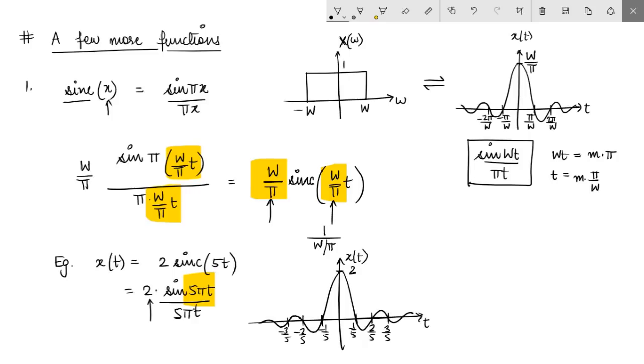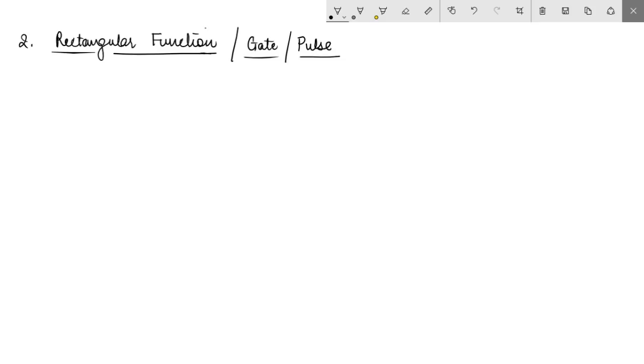There's another function that we very commonly come across, especially in the course of signals and systems, and that is the rectangular function. A rectangular function is also called a gate function or a pulse, and it is represented as rect of some argument.